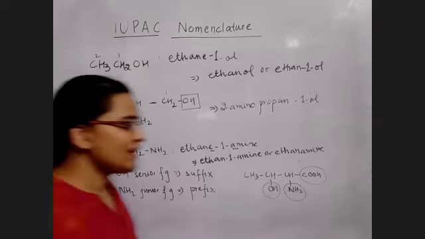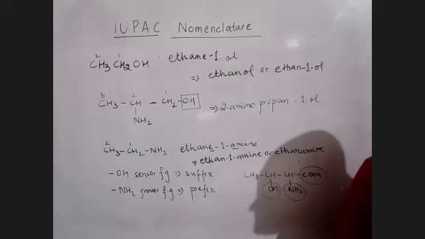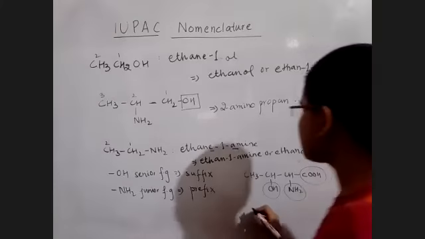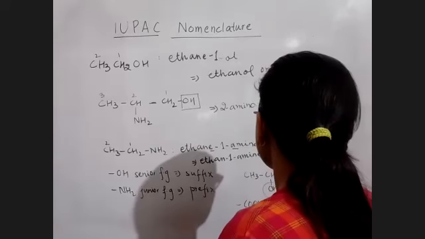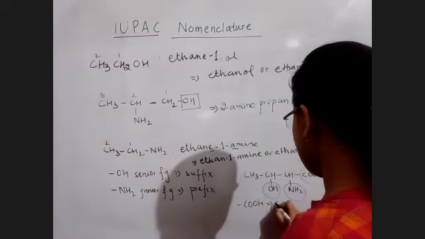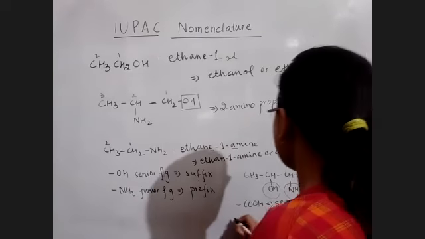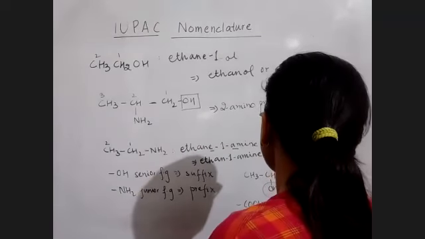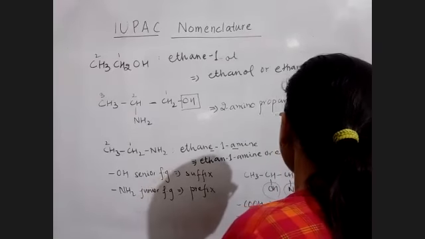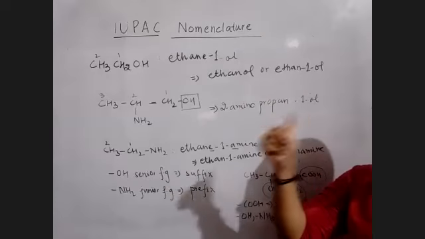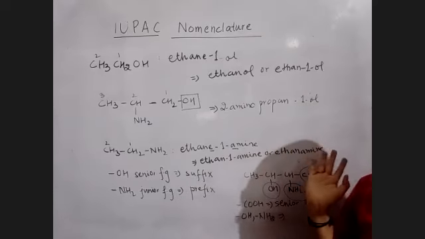And how will you decide which one is senior? Based on the series. The series will start with COOH. So in this, COOH will be the senior functional group, and OH as well as NH2 will be junior functional groups. Only one is the senior functional group. If 5 functional groups are present, one will be senior, remaining 4 will be junior.